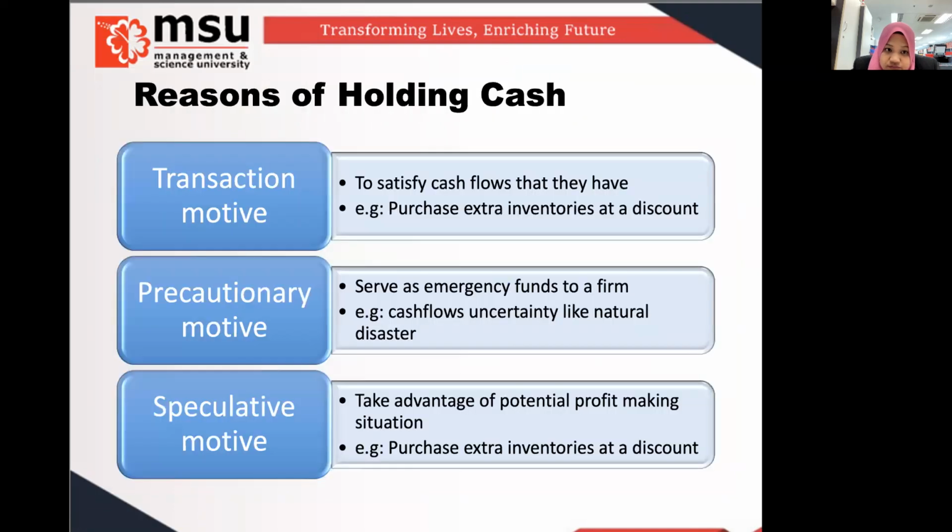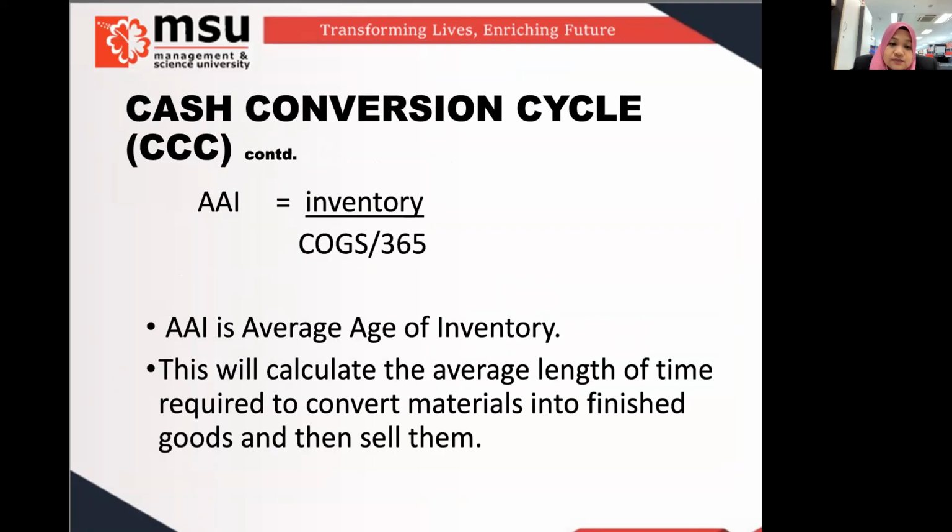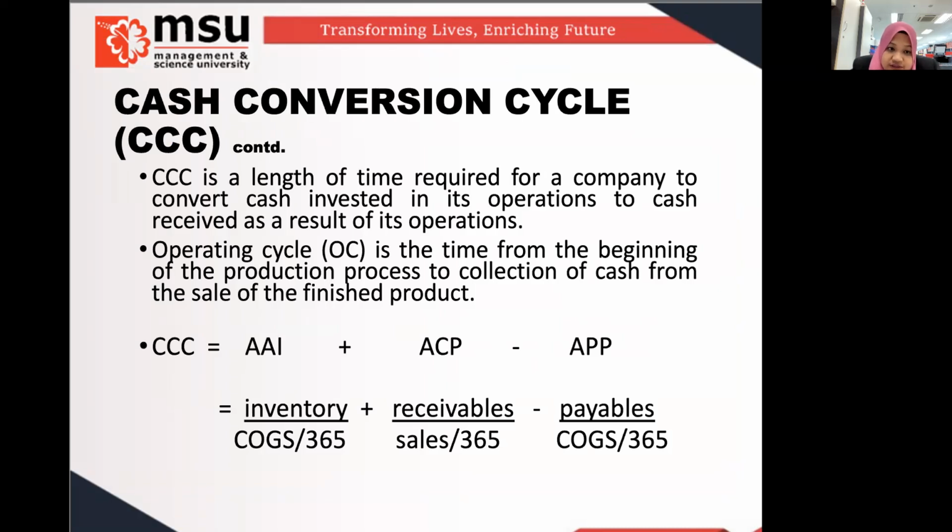So the formula for the cash conversion cycle is average age of inventory plus average collection period minus average payment period. So what is the meaning of average age of inventory? Average age of inventory means how long it takes for the business to make sure that all the inventory, all the stock, is able to be sold to customers. So basically we want to know how long it takes for the inventory to be sold out.